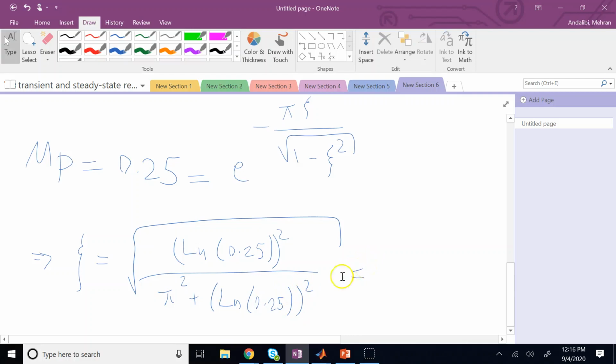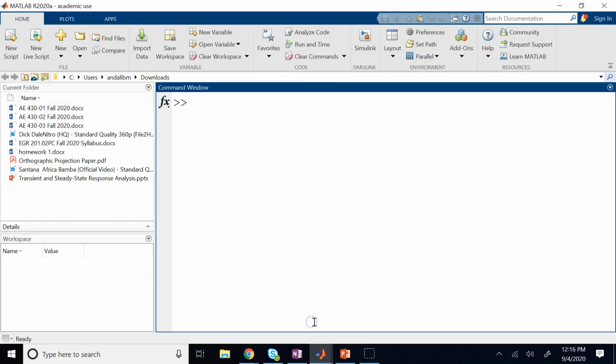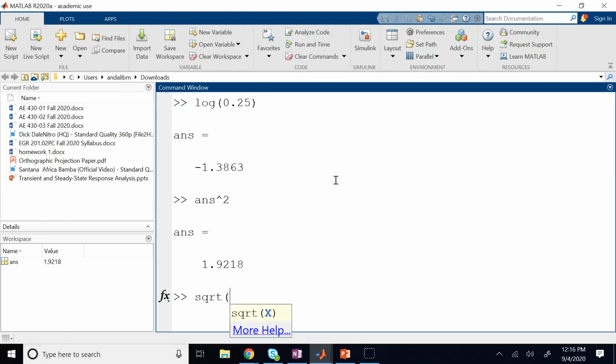So if I calculate that, right, in MATLAB, when you say log, log is natural logarithm. If you say log 10, then that's log 10, but log itself is natural log. So that's this number, and then if you square it, that's this number, okay? So now you say square root of this number divided by the same number plus pi squared.